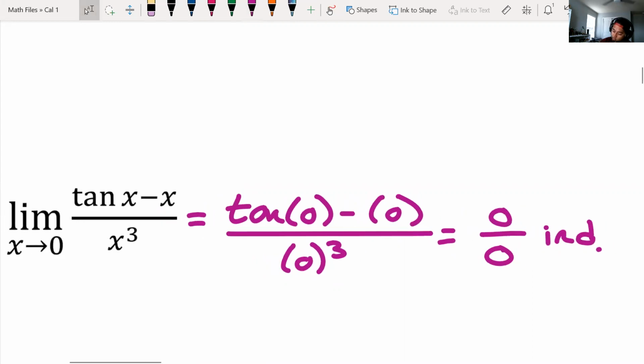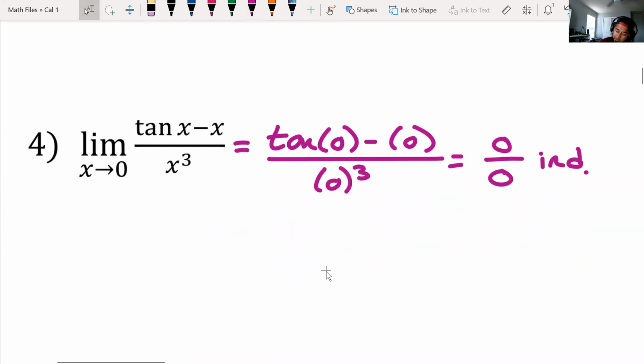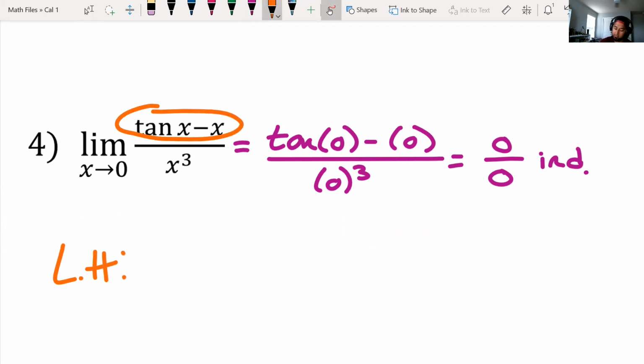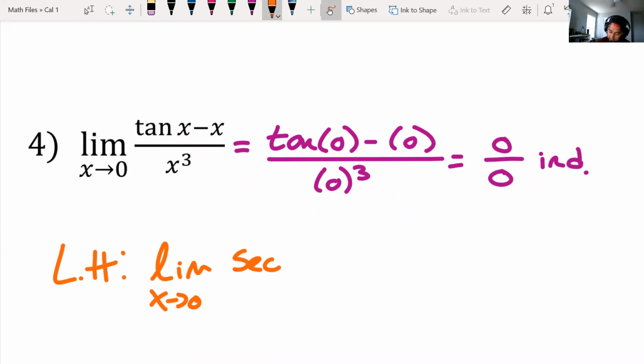So we take him to the hospital, which means you take the derivative of the numerator and denominator separately. And what is the derivative of tangent? Secant squared. So secant squared x minus 1 over 3x squared.